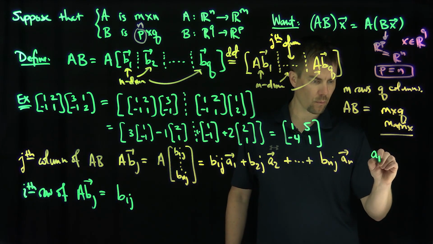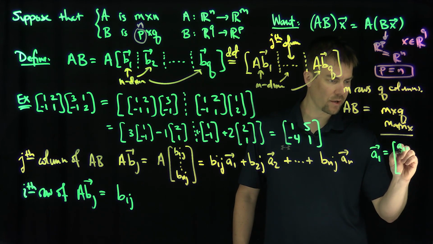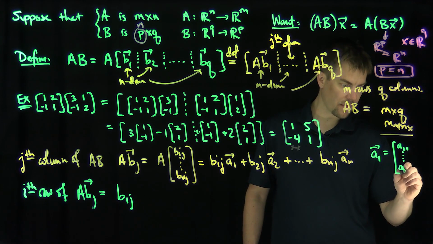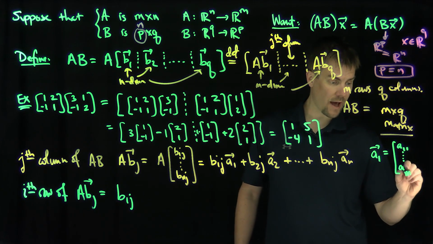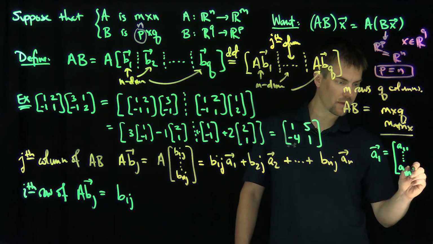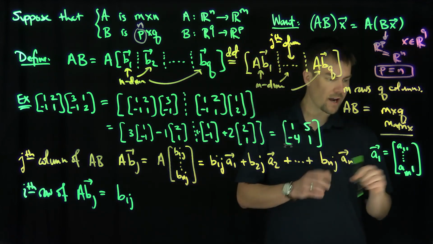A1 is the column vector. It's going to be A11 all the way down through Am1. We have how many rows? We have m, right? So A is an m-dimensional thing, right? Am1, for example.